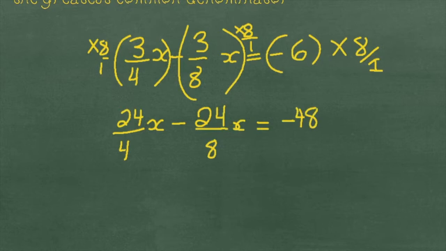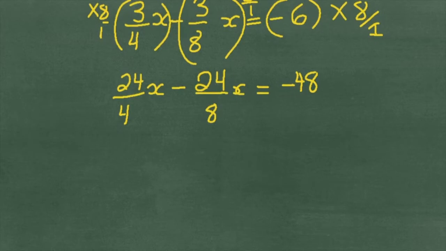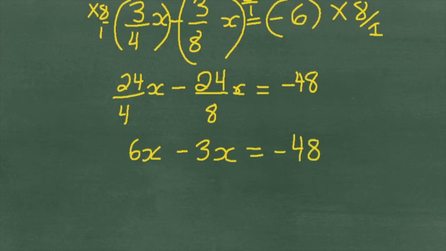Now, can we simplify? Yes, because 24 divided by 4 is 6x, and here is just minus 3x, and that's equal to minus 48. Doesn't this seem a lot easier than what we had to begin with?